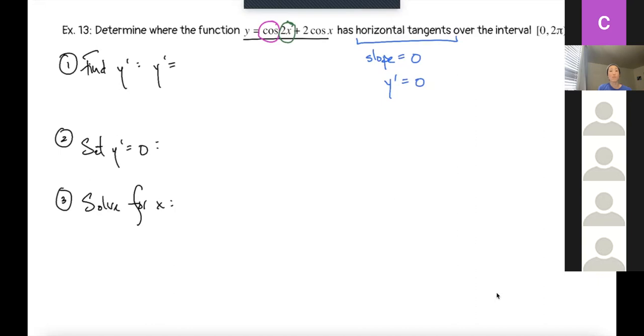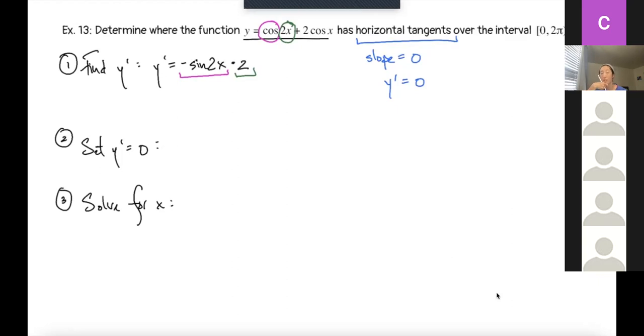But chain rule comes up so much. So I think we've got a good first part of that derivative, negative sine of 2x, but then we have to multiply that by the derivative of 2x, which is 2. All right, so we've got our derivative of the outside and our derivative of the inside. Exactly.